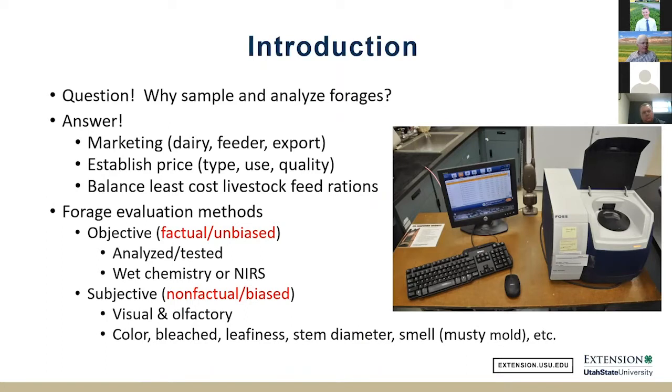The other method is subjective, which is visual or smell. Many of our growers can look at the alfalfa and smell it and tell quite a bit about it, but it's very subjective based on the individual eye and the individual nose, and it's not factual, and there's always bias built into it. So forage testing is the only sure way to get factual information.